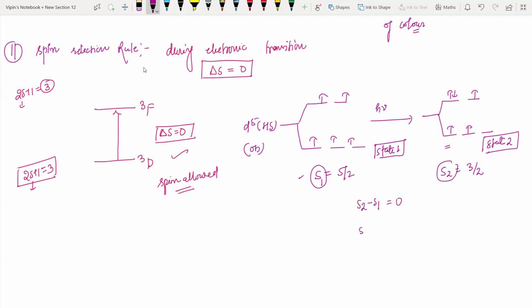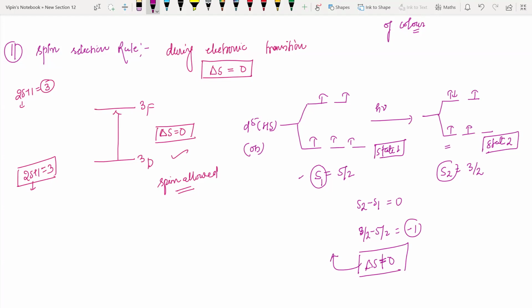But here it is 3/2 minus 5/2, that is minus 1, right? It means the difference between the spin quantum numbers of these two states is not equal to 0. It means such an electronic transition does not obey the spin selection rule.